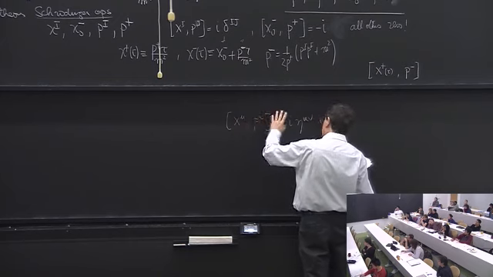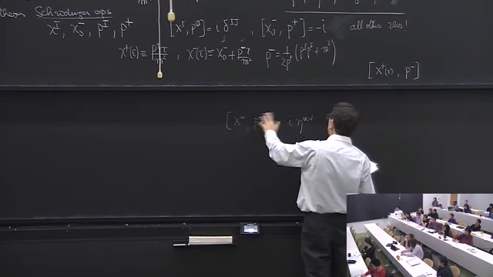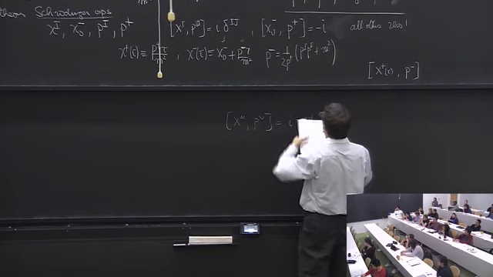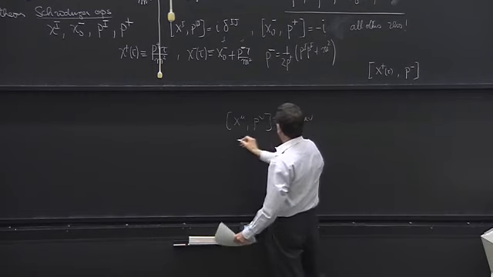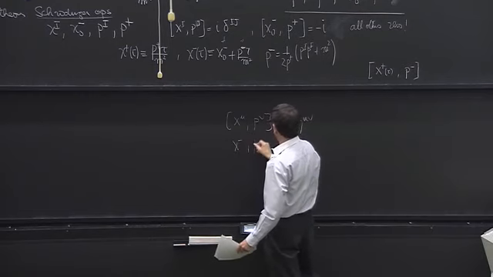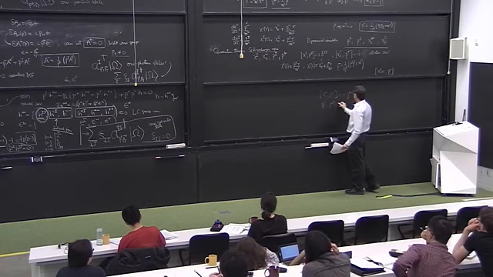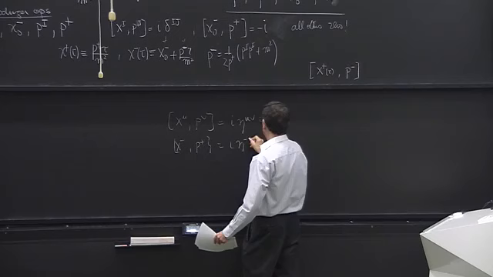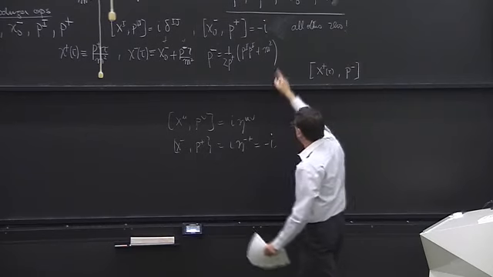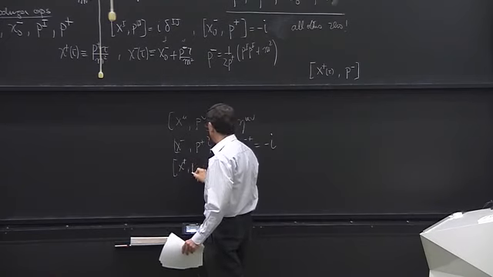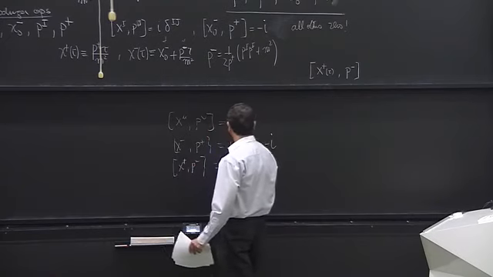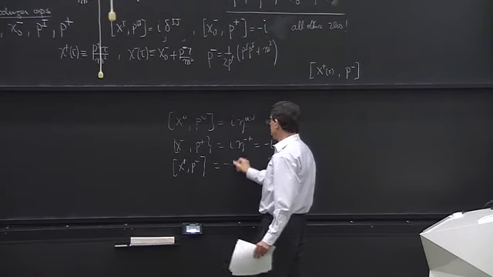So anyway, if this is true, this is sort of the logic that led us to this minus i, because x minus with p plus would be i eta minus plus, which will be minus i. So you would say, okay, so x plus with p minus should be the same, minus i.